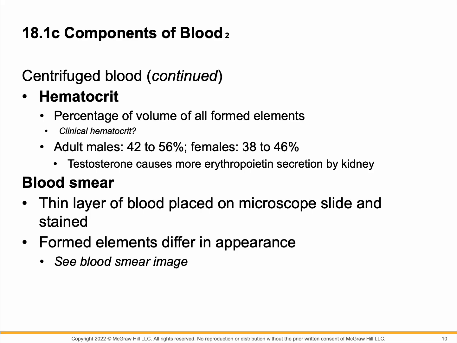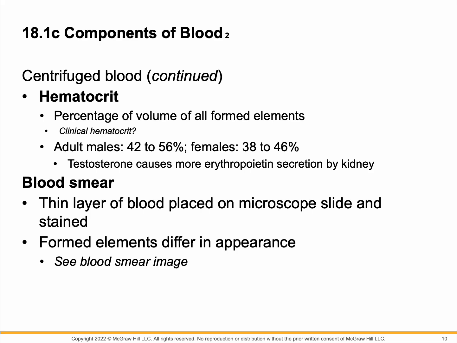Now, you'll notice here that I have a bullet, clinical hematocrit. So clinical hematocrit is a more clinically relevant version of the hematocrit, if you will. Essentially, it's saying what percentage of the volume of whole blood is made up of specifically red blood cells.